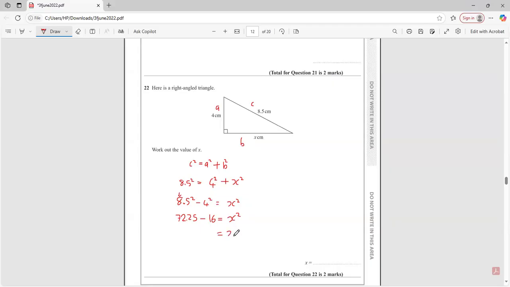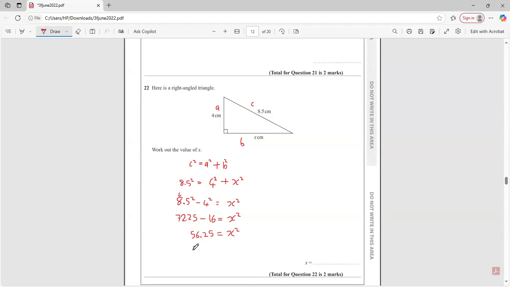What do you have as your answer? 56.25. Yeah, 56, remember, point 25. Numbers after the decimal point, you call them by their digit names. Not 25 now, but two five.